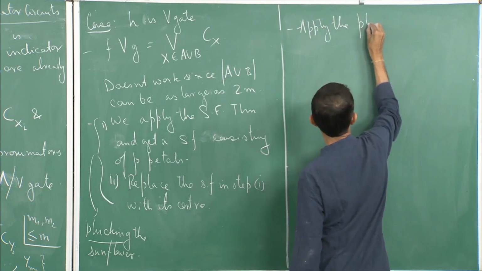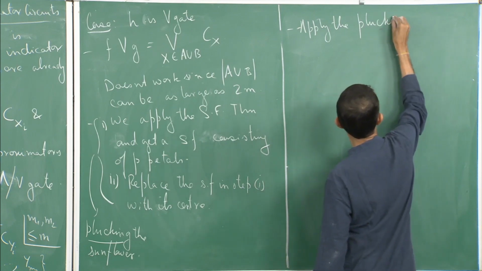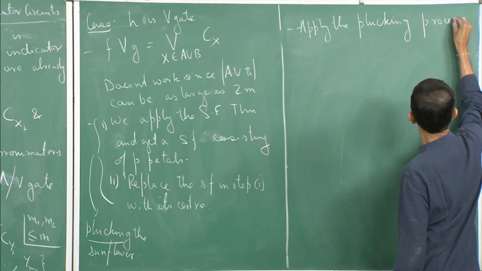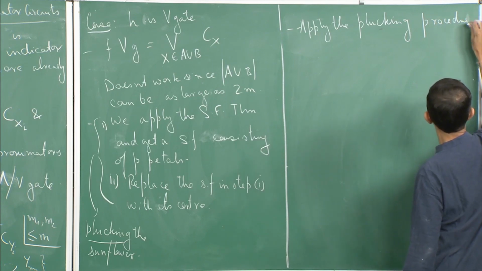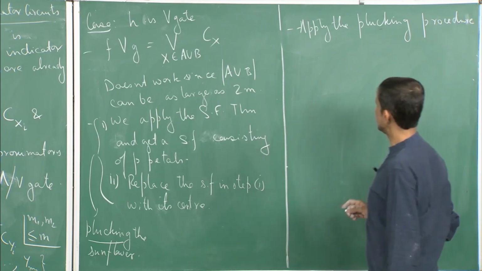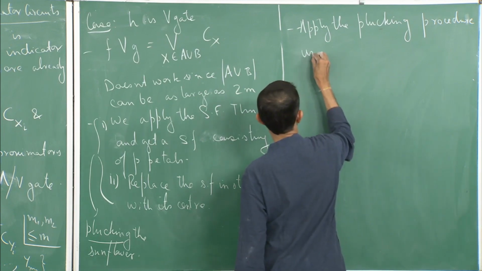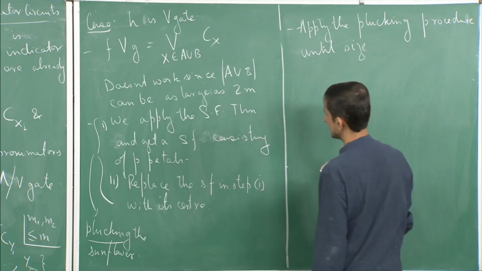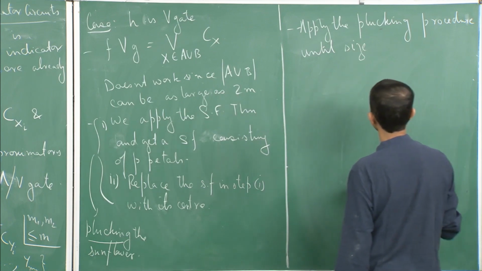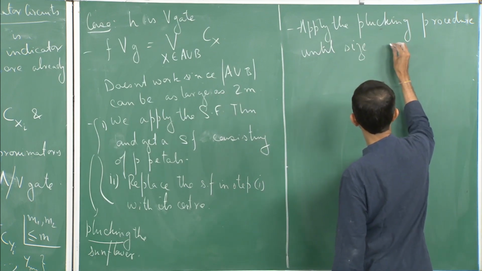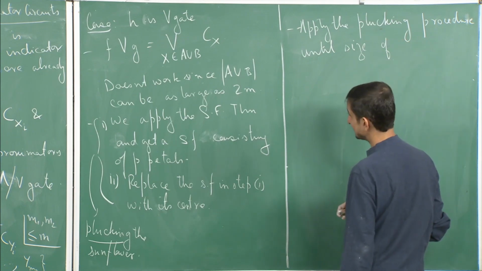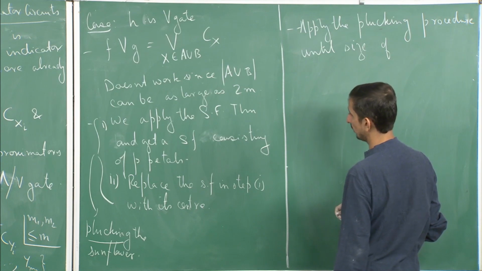Apply the plucking procedure until the size of, well, it is not exactly A union B any longer.